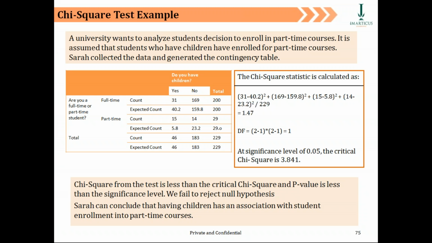It is 31 by 200, right? That is 40.2. That's how it is calculating. So look here. First of all, if you look at the records, there are a total of 46 out of 229.